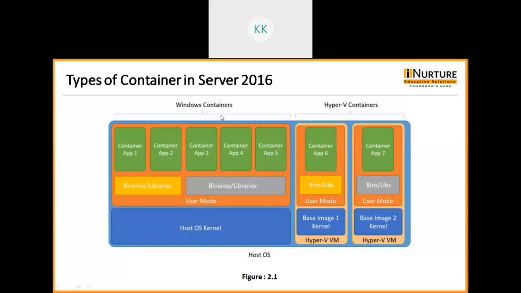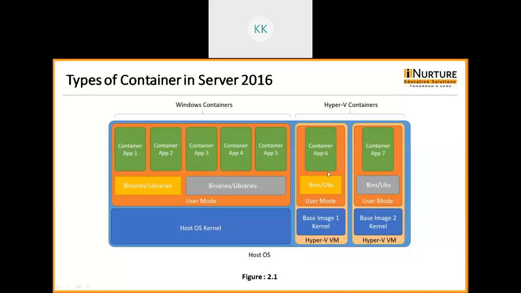See, in the Windows container, what was there? On top of the operating system, directly all the containers are there. But in the case of the Hyper-V container, all these things are there. First of all, your kernel is going to be spun up or instantiated, and on this instance you are going to create the container. That means it provides one more security layer. You can see on the same kernel all these containers are available.